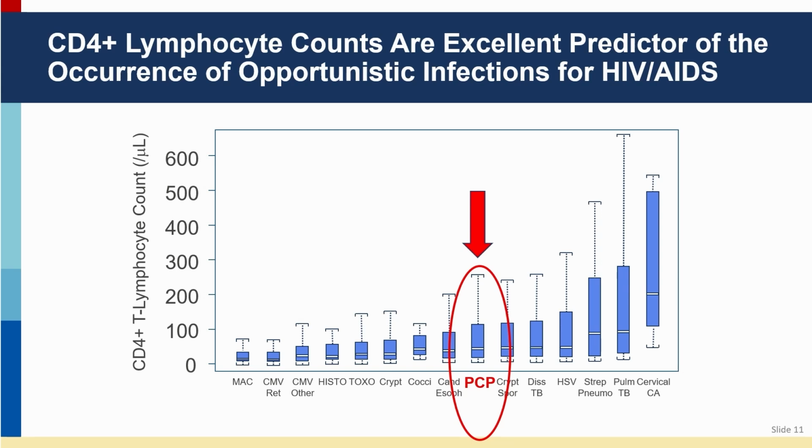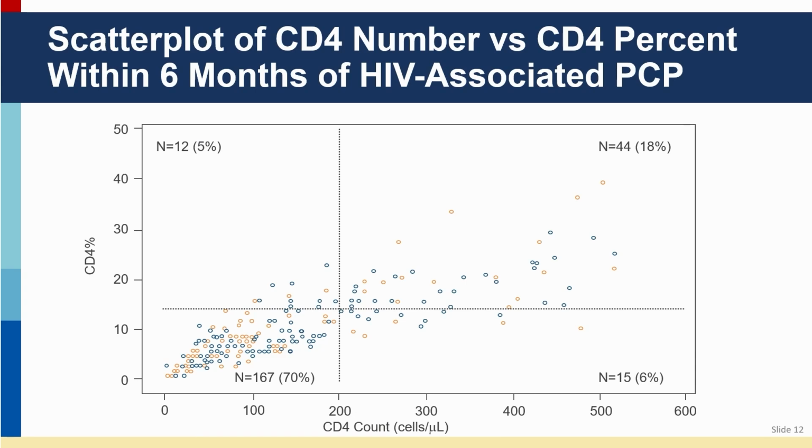But just to give you an example for the one that we have the most data on, pneumocystis, these are the data that were used in the 1980s that led to the suggestion that you should use 200 as a marker for when patients develop pneumocystis.